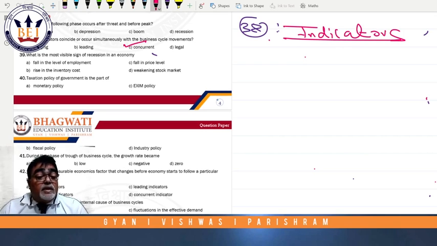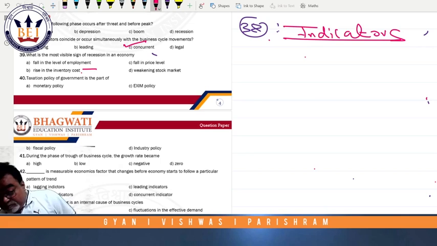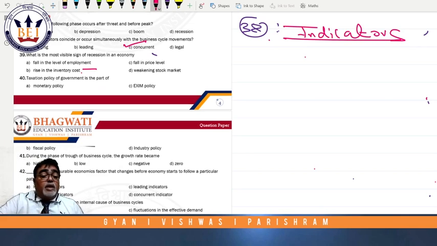It is the visible sign, because other things you cannot see properly. Inventory cost you cannot see properly. Employment you cannot judge off and on, but a fall in price you can get easily. The most visible sign of the business cycle is nothing but that.